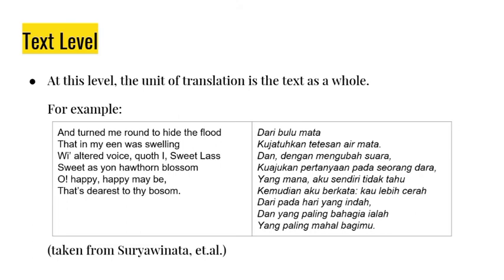Sometimes a word or a sentence cannot be understood in isolation without looking at the text. The unit of translation in this poem is the text. So although there is no one-to-one equivalent between the form of the source text and target text, the content of the poem in the source text is equivalent with that of the target text.